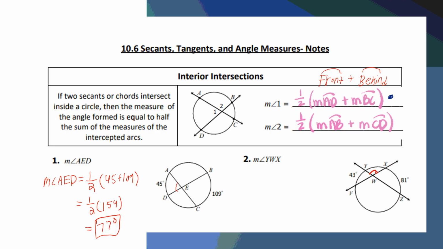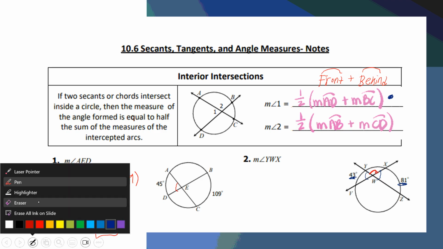Well, it didn't give us those arcs, but of course we should still have enough information to find this angle if the question was written correctly. So let's look at the arcs they did give us. They gave us these two arcs, which corresponds to this angle, and if you haven't noticed yet, this angle would be the same. It doesn't matter which one you're technically finding because they're going to be the same measure.